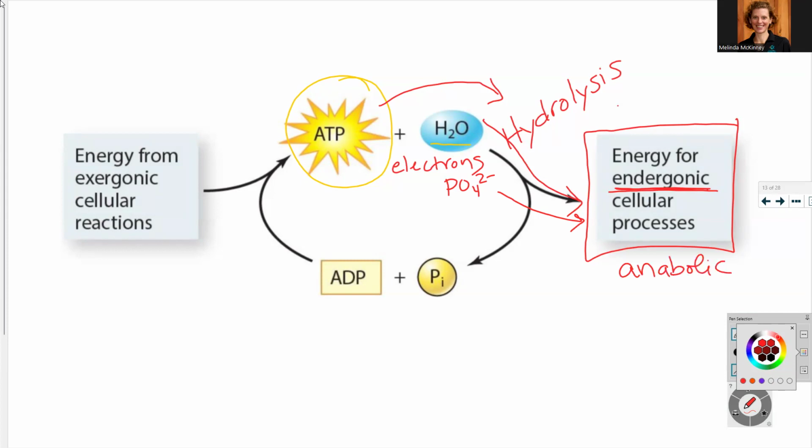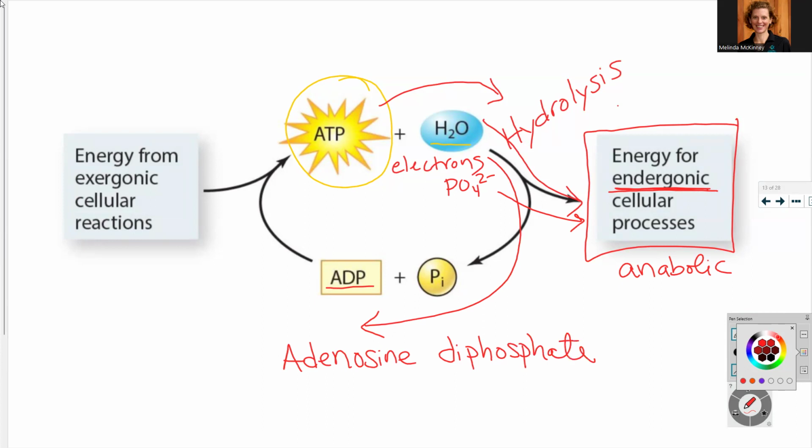Then you have a low energy product. And instead of adenosine triphosphate, now we have adenosine diphosphate, which means two. So adenosine diphosphate. Okay.